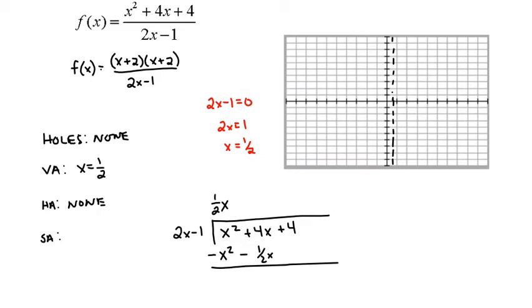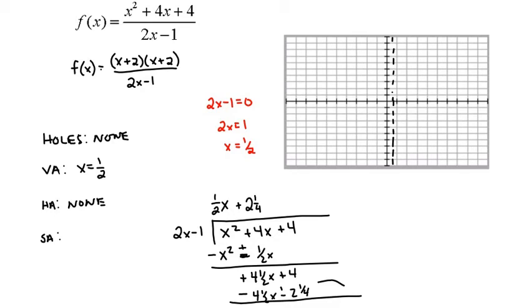Don't forget to change the signs. That one cancels. This becomes plus 4.5x plus 4. And the next one here is, how do you turn a 2x into a 4.5x? I think it is plus 2.25. 2 times 2 is 4, 2 times 1/4 is 1/2, so that should be right. 4.5x minus 2.25. Don't forget to draw the line.